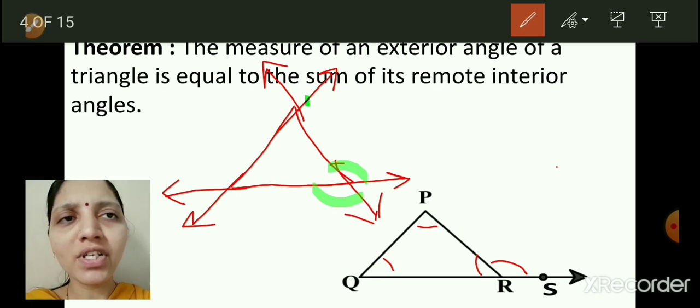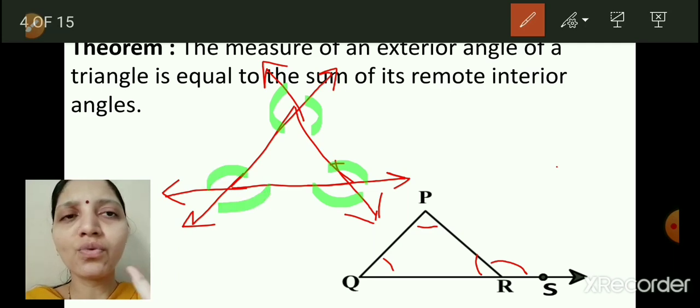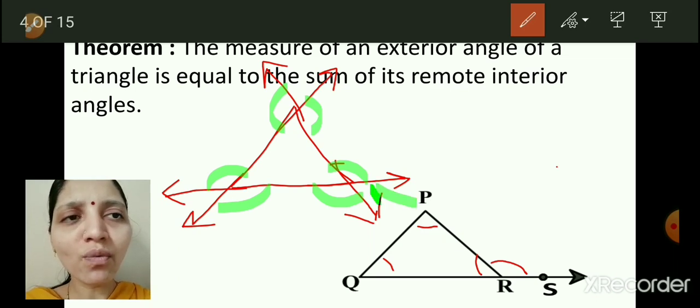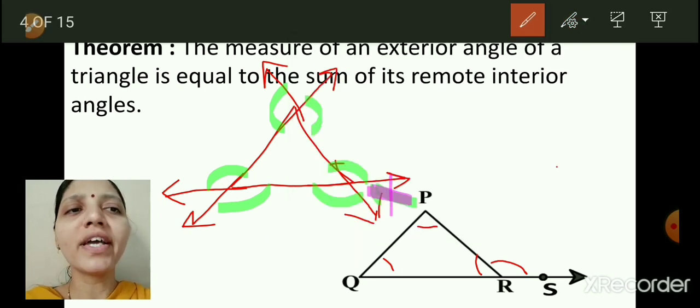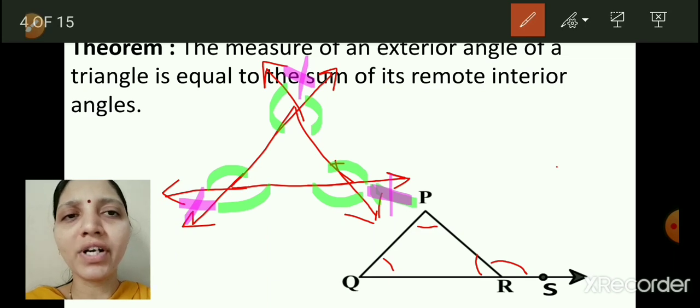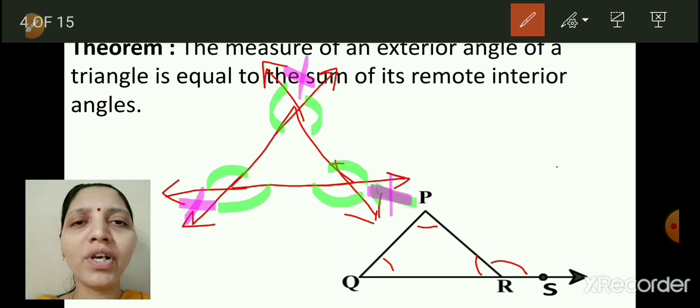Similarly, at this vertex also, two exterior angles form. For this vertex also two exterior angles can form. This angle which is formed here is not an exterior angle because it is a vertically opposite angle, so it is not called an exterior angle. So any triangle can have only 6 exterior angles.